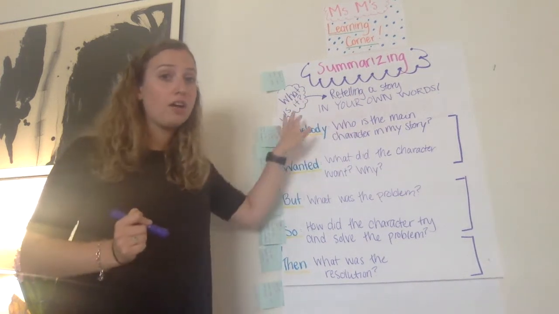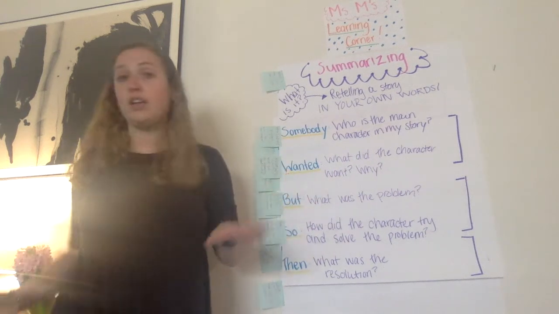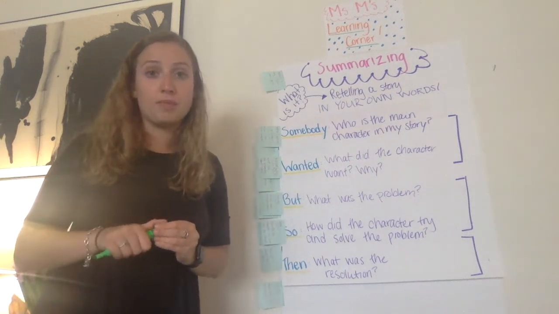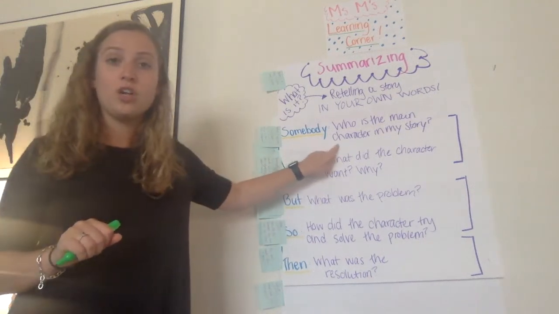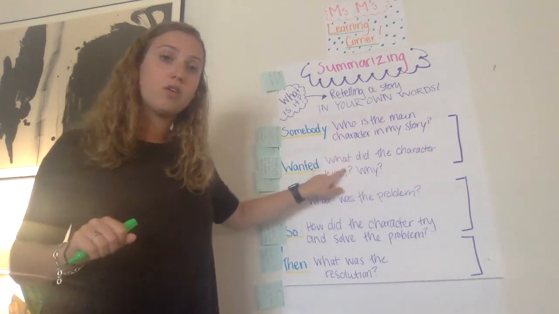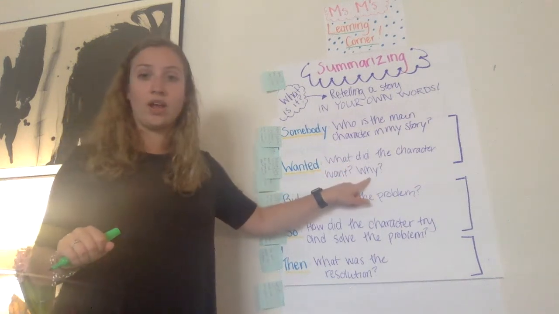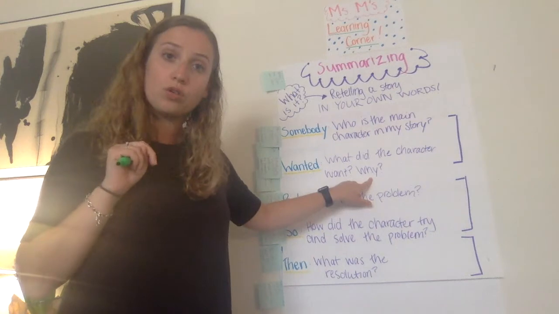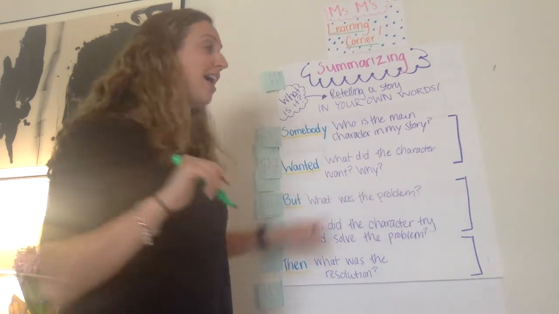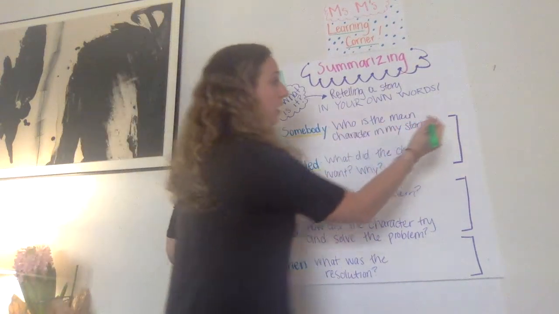Another way to chunk this up, you can chunk the story up into the beginning, middle, and end. You might answer the question, who is the main character in my story? And what did the character want and why at the beginning of your story? So look for those 2 questions or those 2 facts at the beginning of your story, okay?